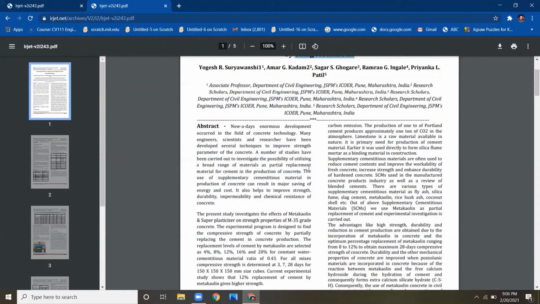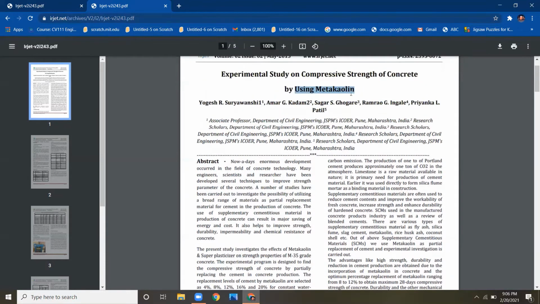For example, they reduce the amount of cement and add metakaolin in place of cement. So far, I still haven't got an idea of what exactly they replaced.